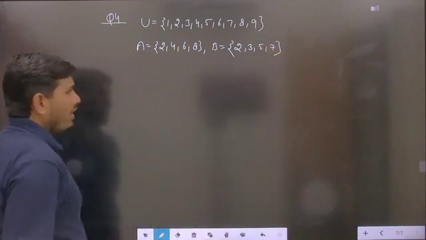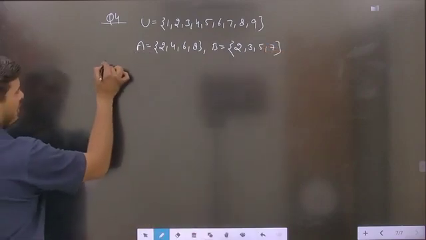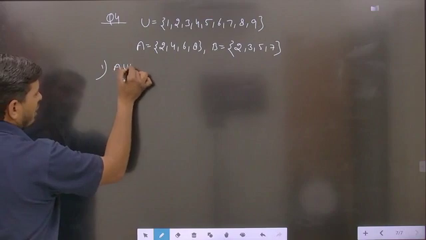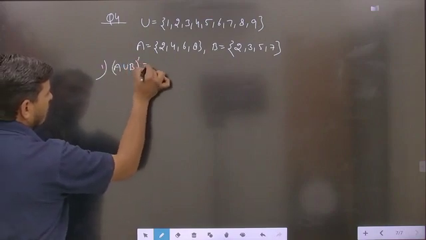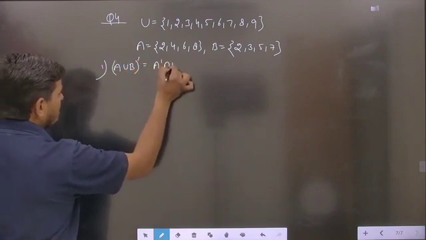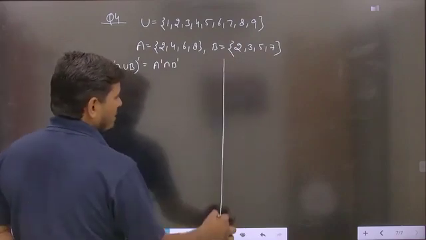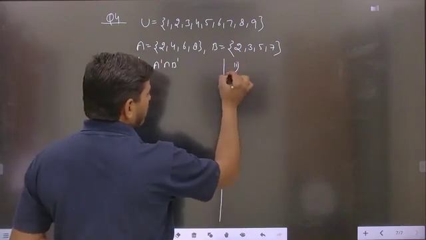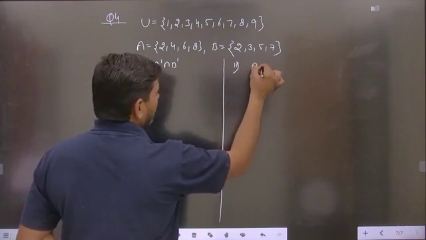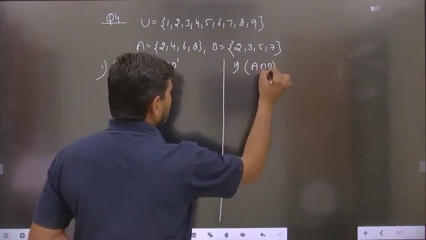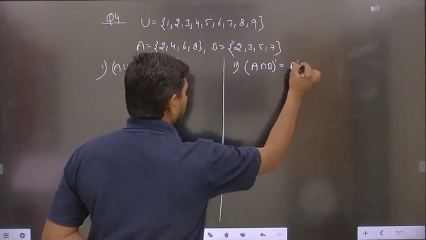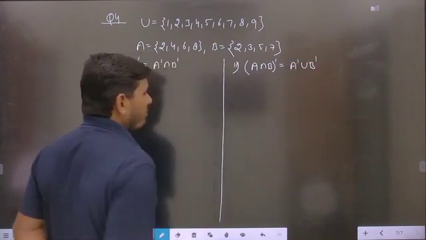There are two laws to be verified. The very first law is (A union B) dash equals A dash intersection B dash. We have to verify this first, and similarly the second law is (A intersection B) dash equals A dash union B dash. We have to verify both the results.